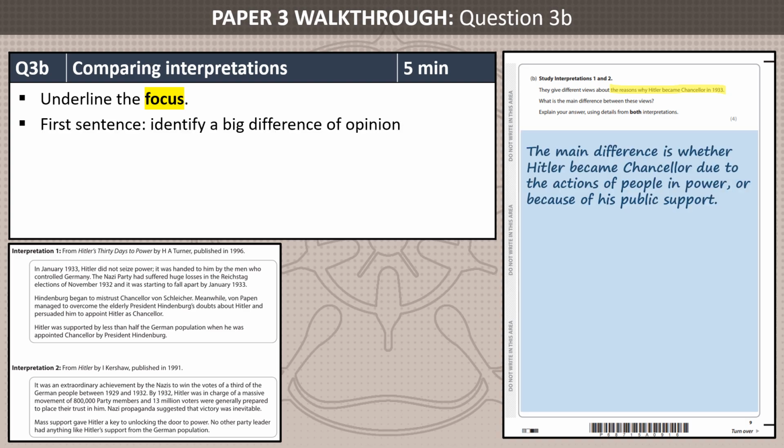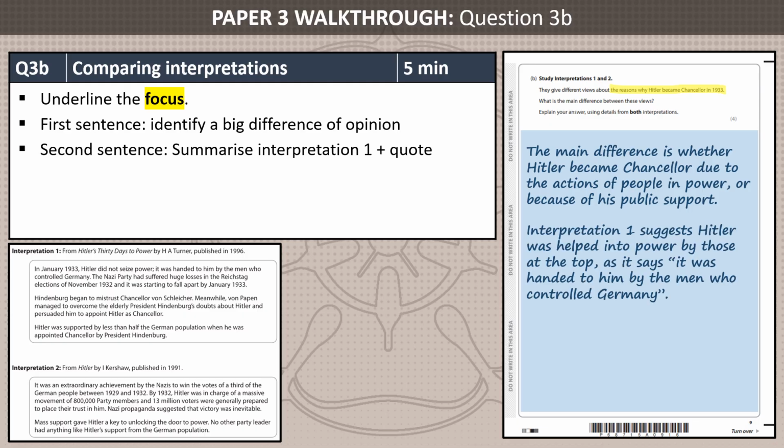In the first sentence of our answer, we name the main difference between them. What we're looking for is a big difference of opinion, not a tiny detail. You can see I've had a go at doing that already. In the second sentence, we are going to summarise interpretation 1.